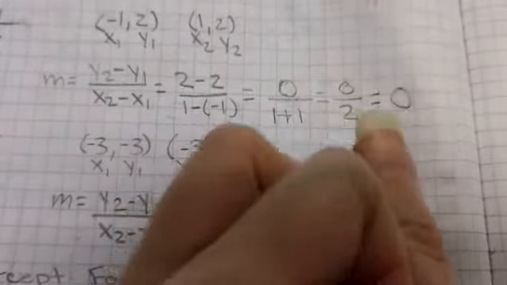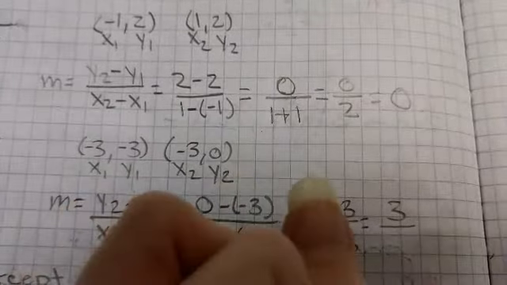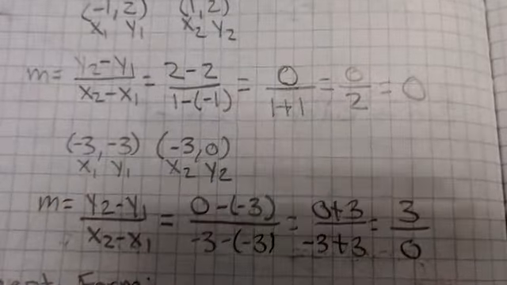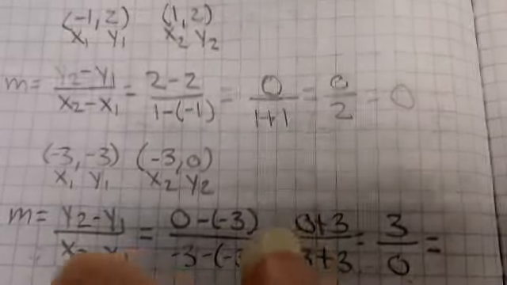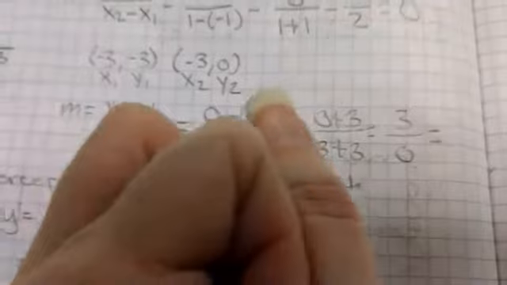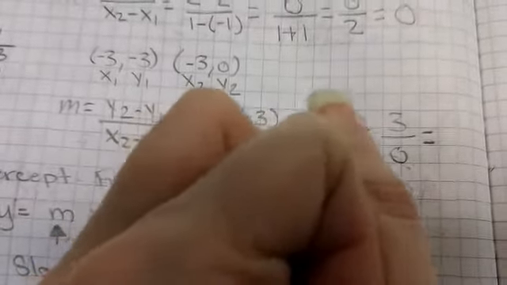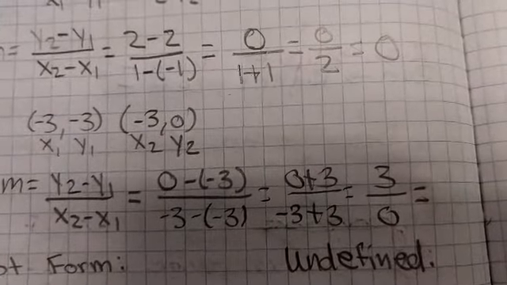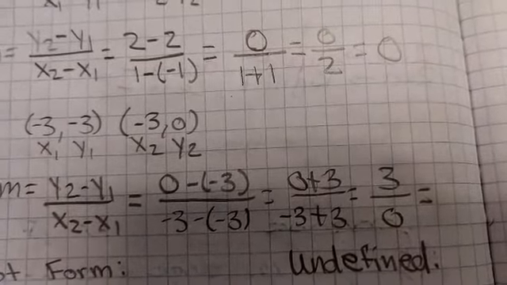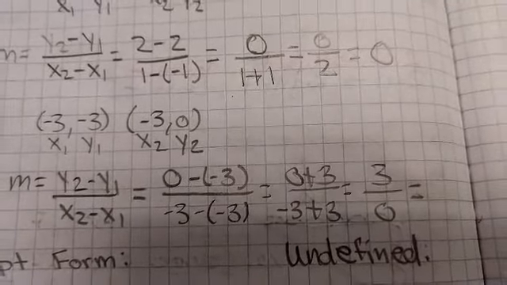Well, 0 plus 3 is 3, and -3 plus 3 is 0. I can't divide by 0, so my answer is undefined. And if you put that into your calculator, it's going to say error. Syntax error, probably. So this is undefined.